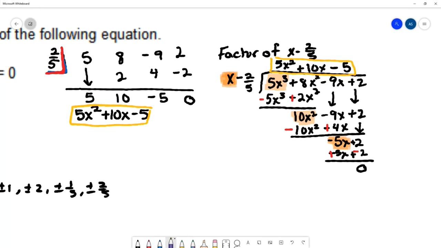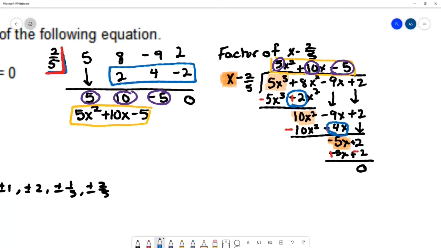If we only focus on the coefficients, you can see that that's where those answers come from. And the numbers that you get in this row right here, you can see them here, here, and here.